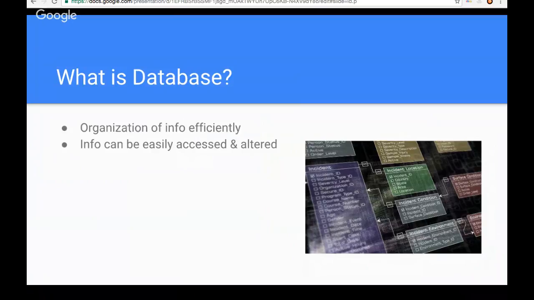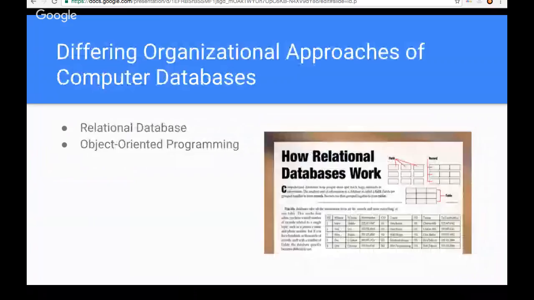And this picture on the right is an example of a database and how it would be structured. It's a model. You see there are many different tables, all leading to the presentation of information and how you find it.